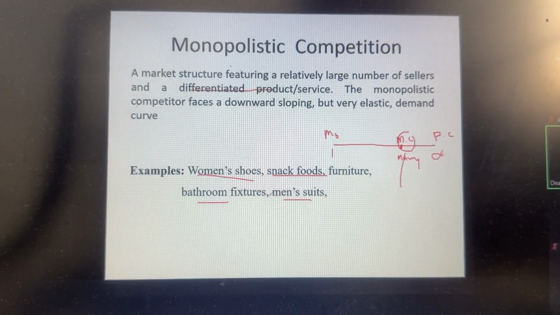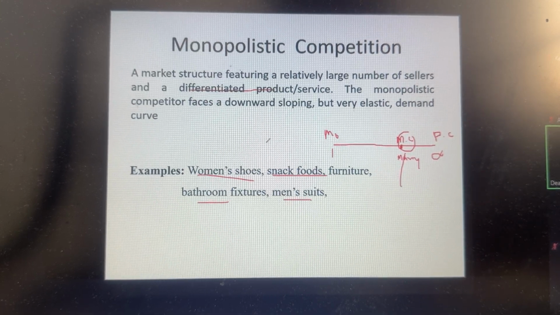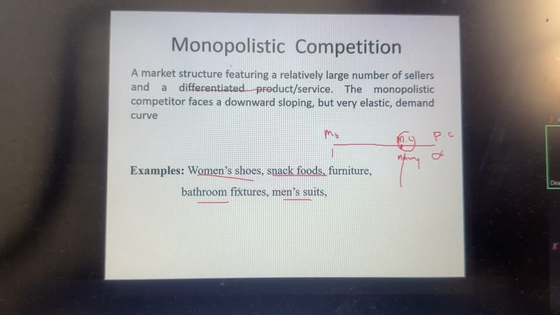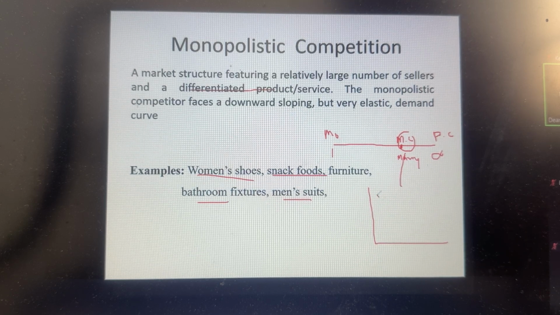Because of this product or service differentiation, the company has some monopoly power, but we have so many substitutes. Therefore, the demand curve is downward sloping, not as steep as in monopoly, but very flat. But basically it is downward sloping.